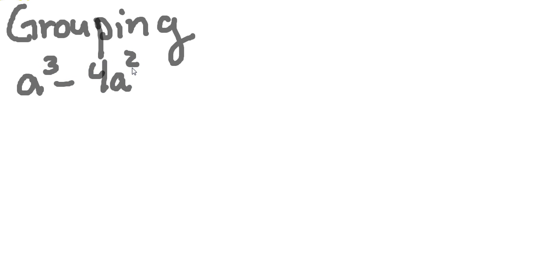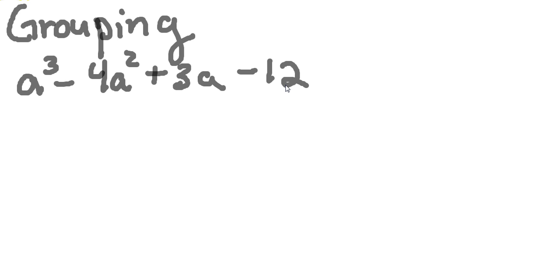Okay, now example 2 on page 240. Let's talk about factoring using grouping. Okay, so if we have a cubed minus 4a squared plus 3a minus 12, we want to look at this in terms of how we can group these together to pull out the most factors.